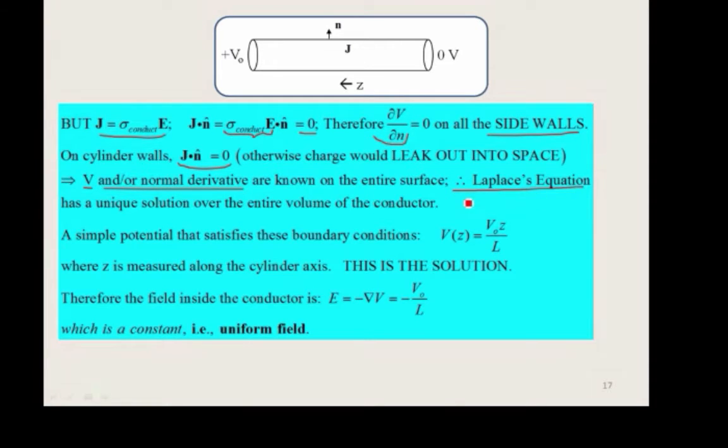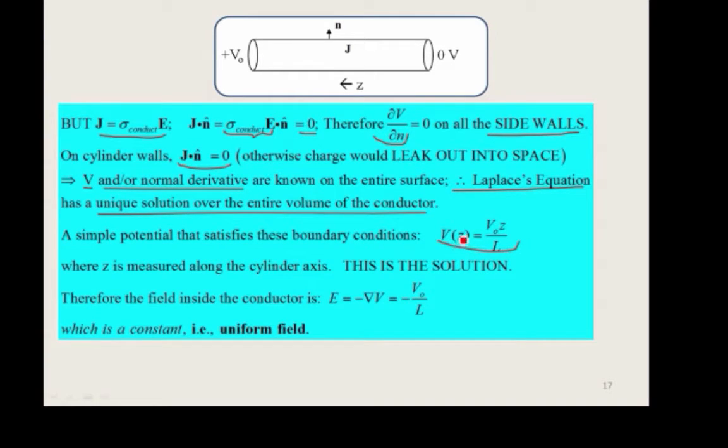Laplace's equation has a unique solution over the entire volume of the conductor. This is a differential equation boundary value conclusion. All we need to do is guess a simple potential that will satisfy these boundary conditions, and it's this potential right here.